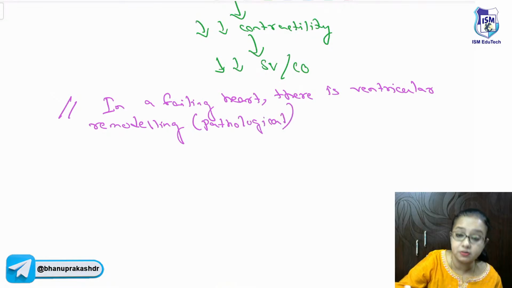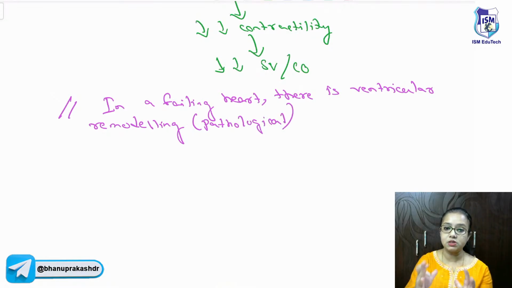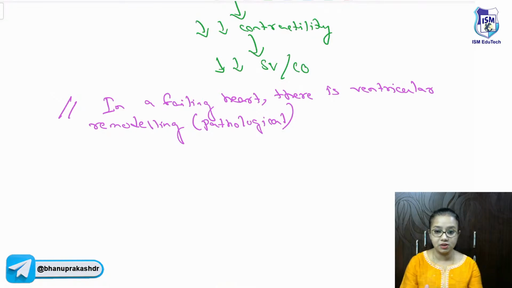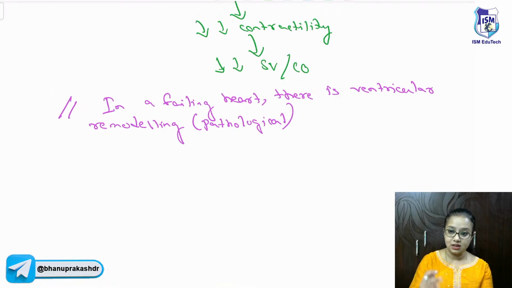Meaning that when the ventricle sees that too much blood is accumulating and it does not have enough force of contraction to pump it out, then it tries to do harder work. It does not understand that if it changes its normal course, it can lead to total heart failure. The cardiac muscle doesn't understand that. So what it feels is that the preload is more, whereas the force of contraction is less.